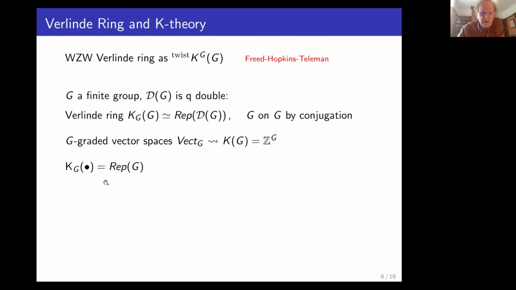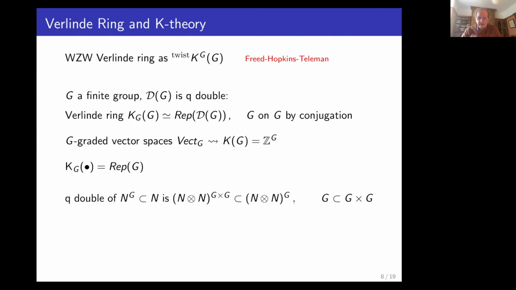So the G as a group brings in not just vector spaces over the point, but representations. And so this combination here of G on G gives me the representation theory of the double. Now I can explain that in a subfactor language as follows.